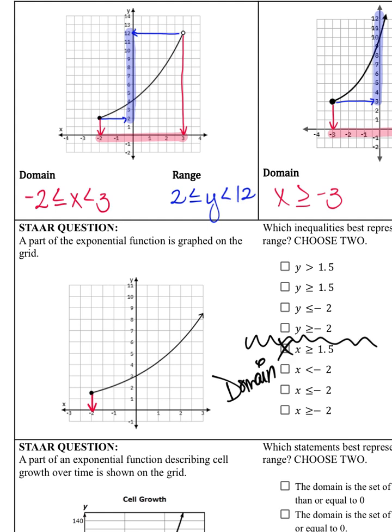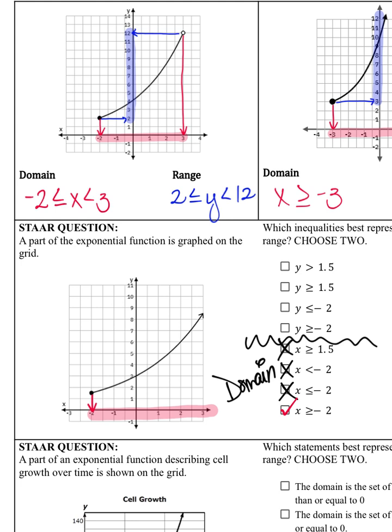This cannot be a correct answer. Now I also know that my domain goes from left to right, and this one is going to the right. It is getting bigger, which means that it should be greater than. Now this circle or endpoint is also closed, so it should be greater than or equal to. So that eliminates this one and this one, and my correct answer is the one on the bottom.